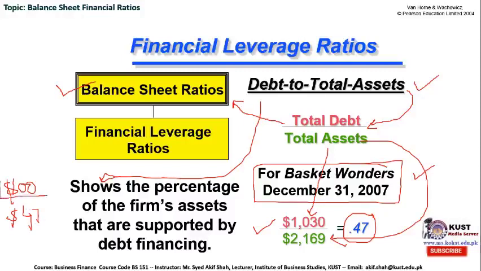So if the total assets in the company are 100, then $47 worth of assets were financed by debt instruments, and the rest, 53%, were financed by equity financing.